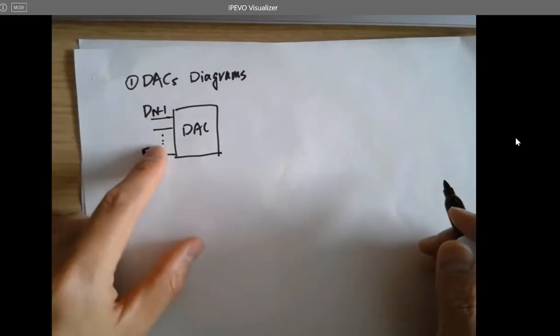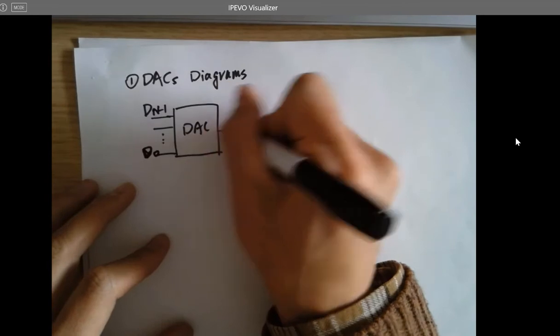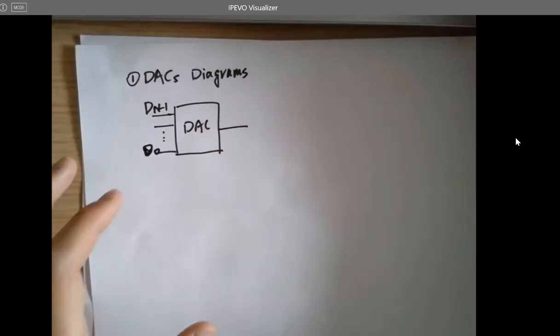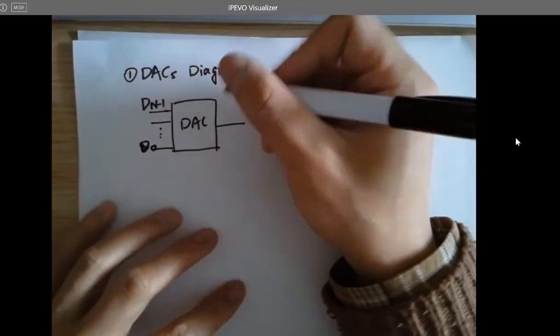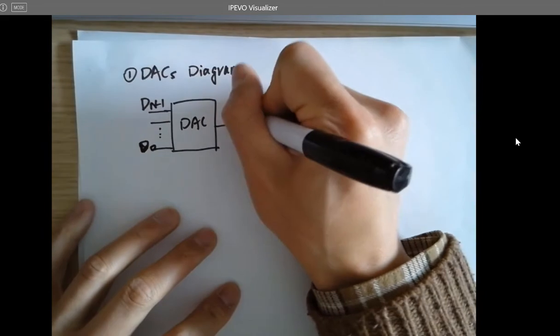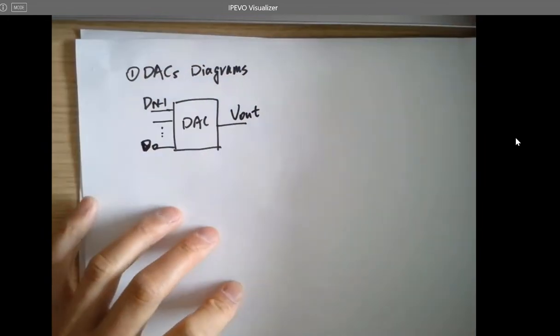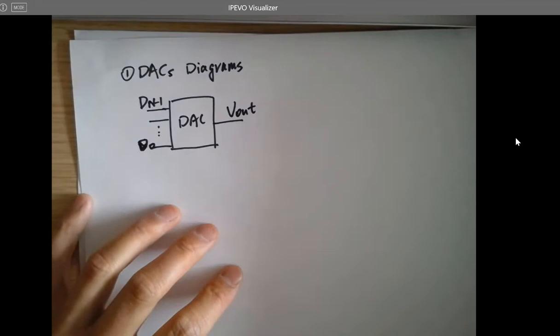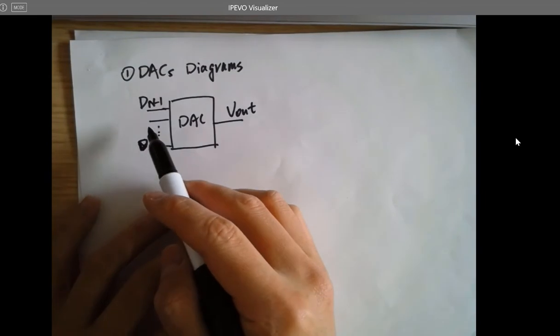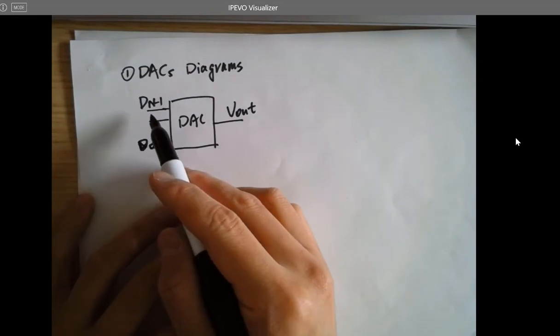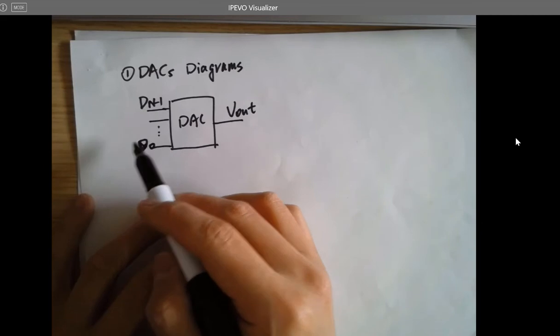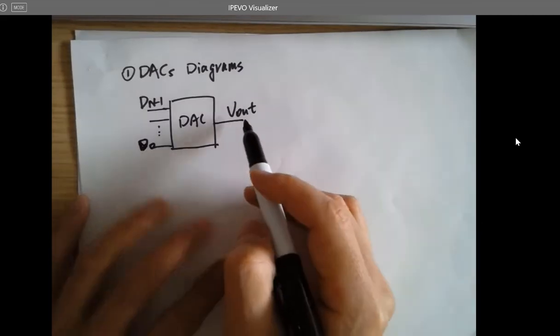So how many bits in total for the input? N bits. And Vout will be the analog output. So the input is an N bit digital input, like 1s and 0s, and output is the analog voltage.